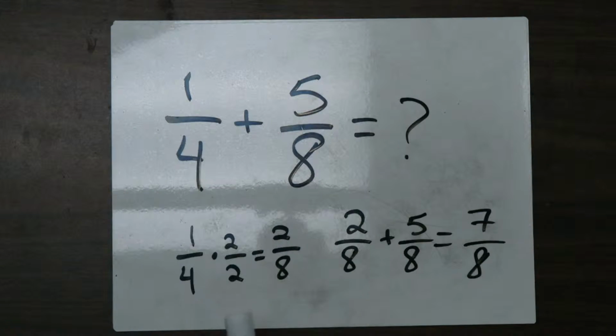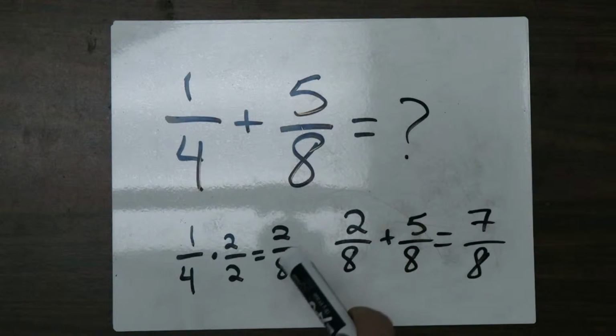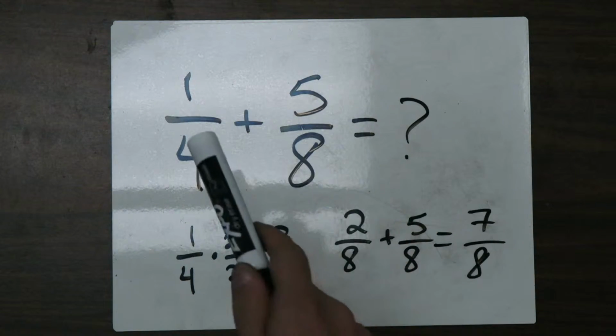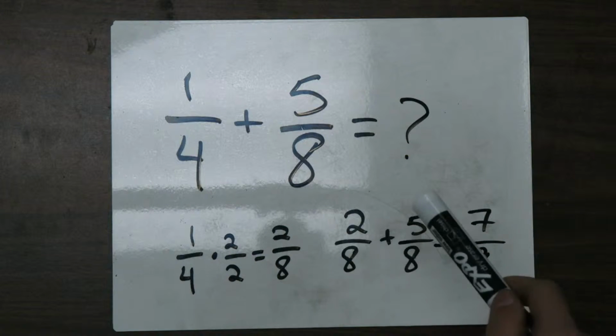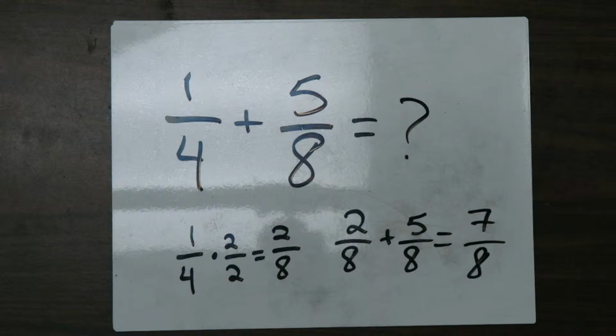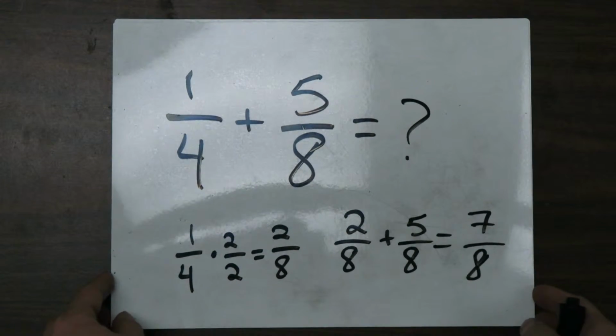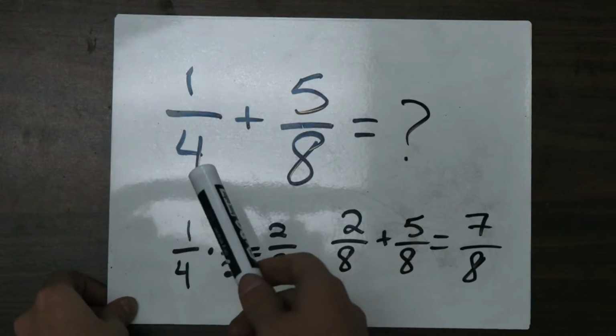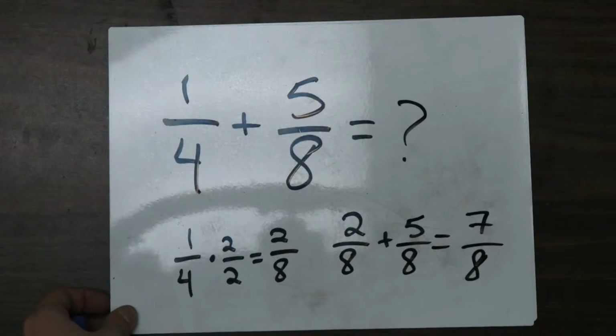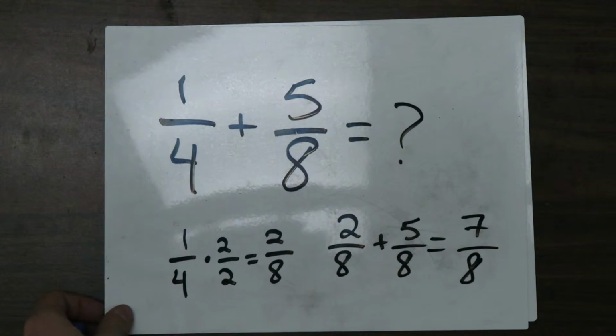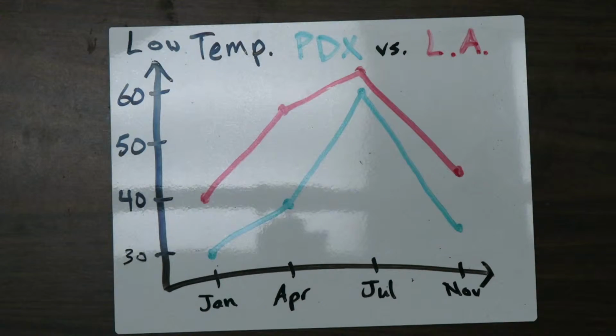To change 4 into 8, I just multiply it by 2. So 4 times 2 is 8, and whatever I do to the bottom number, I have to do to the top number, so 1 times 2 is 2, and I change 1/4 into 2/8. Now I rewrite the problem, 2/8 plus 5/8, and I end up with 7/8. That's an easier way to do it without having to list all the multiples, because I know that 8 is already a multiple of 4.